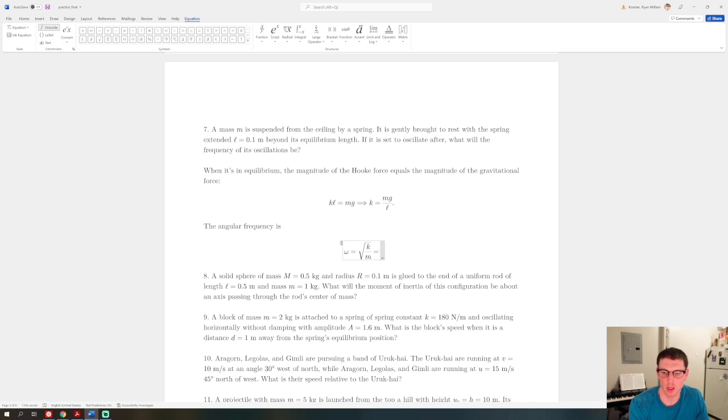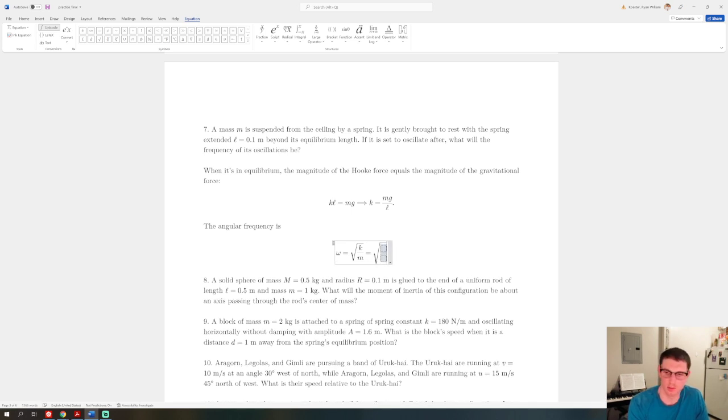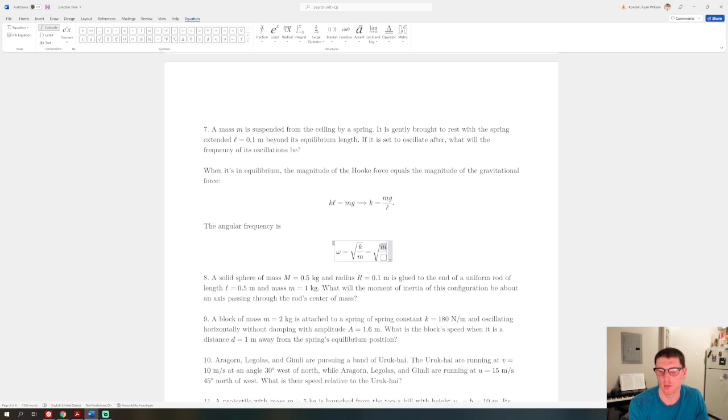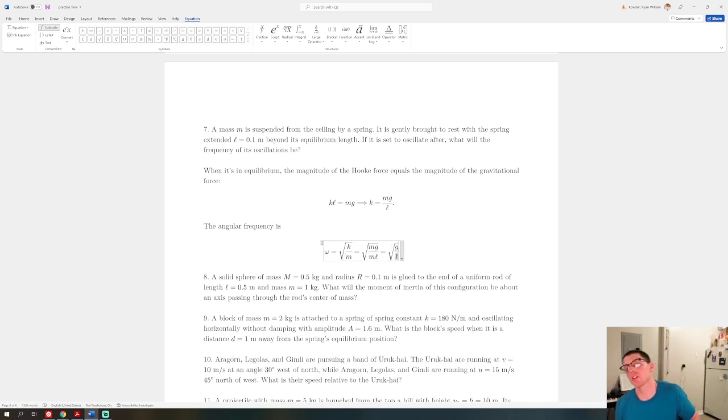So this is going to be the square root of mg over ml, and so we find that it's just the square root of g over l. Which is interesting because this looks very much like the simple pendulum, but it's not the same thing, because here l is the extension beyond the equilibrium position.